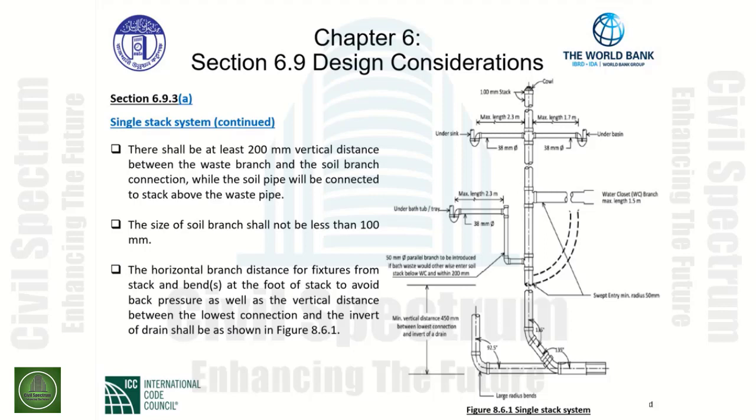As you can see, we have a 50 millimeter diameter parallel branch introduced if the bath waste would otherwise enter the soil stack below the water closet. And we have our 200 millimeter distance. That being shown, the size of the soil branch, not less than 100 millimeters. As we can see, up at the top of the stack, this is a full 100 millimeter stack accordingly.